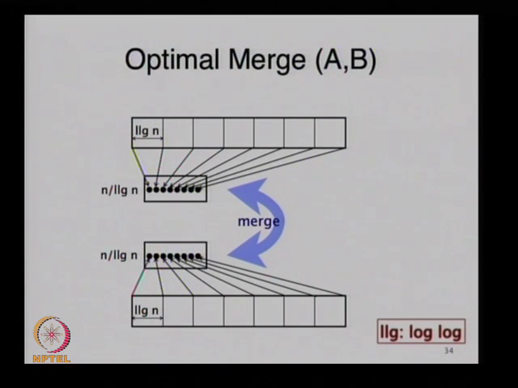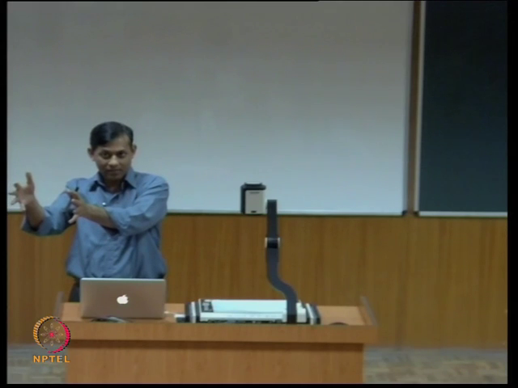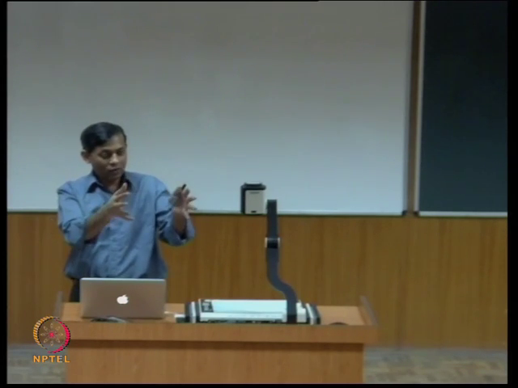Now the work for this will be linear because, what was the work? N log n. Now the size of the set has become n over log n, so it's n over log n times log of n over log n, which is the same thing as n.